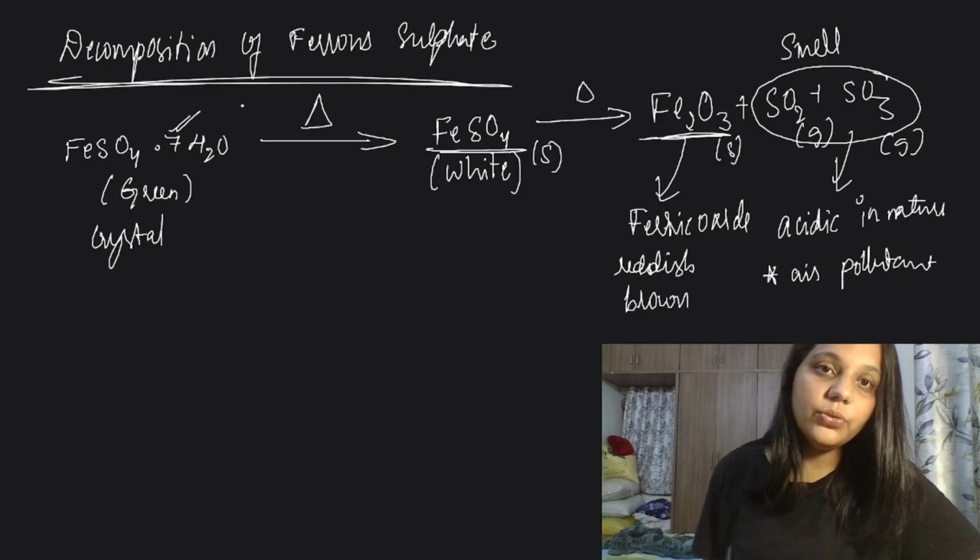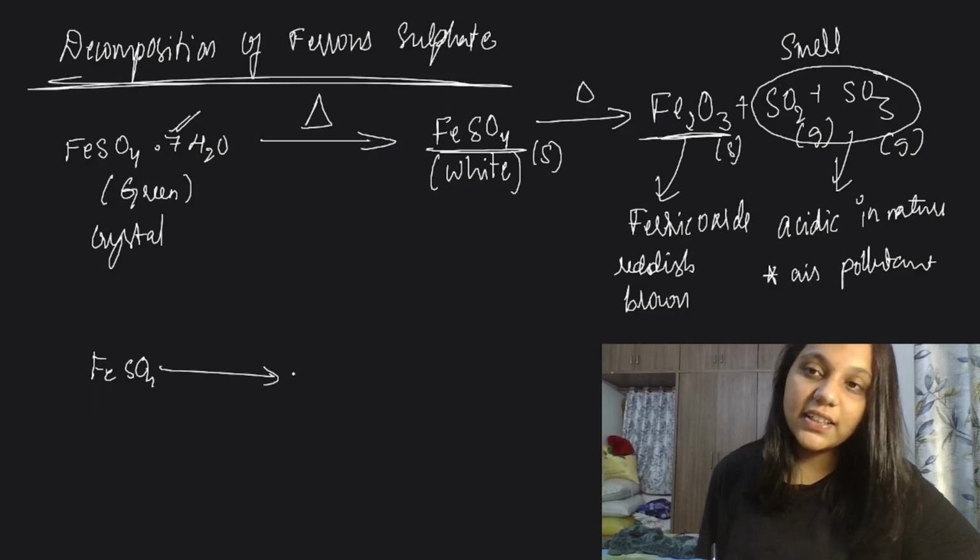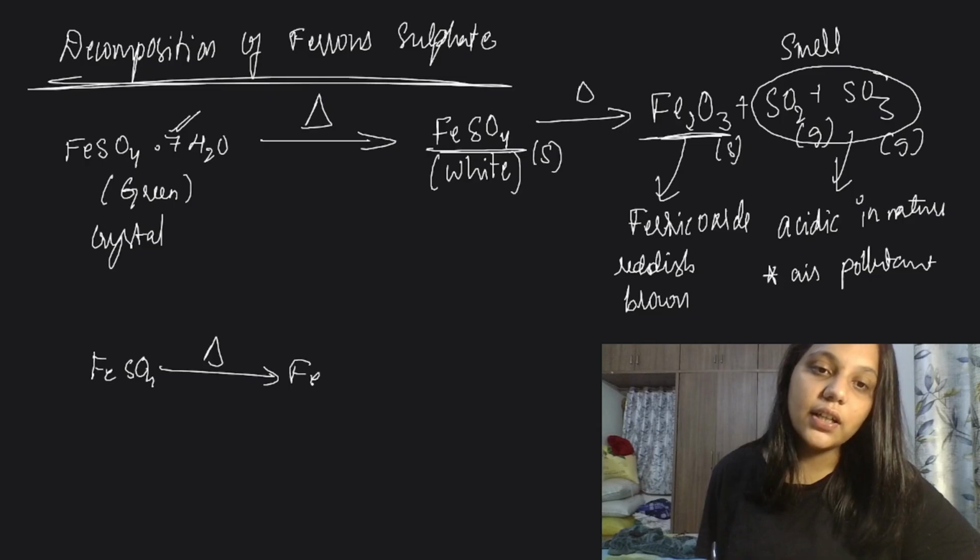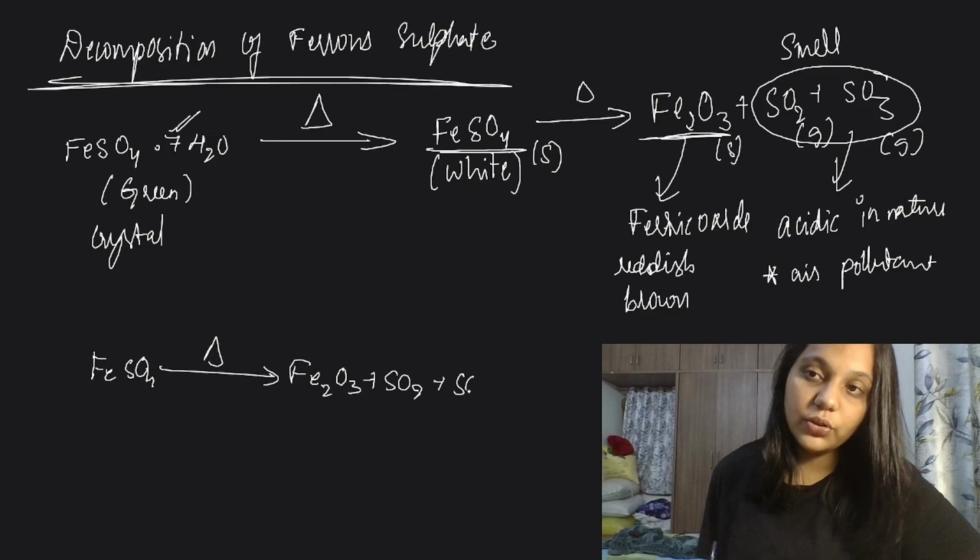And when they ask you to write the reaction of the ferrous sulfate, you just write FeSO4, that is reacting with some heat, that is giving Fe2O3, SO2 plus SO3.